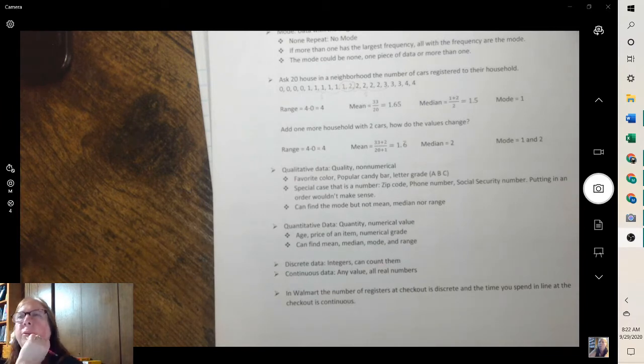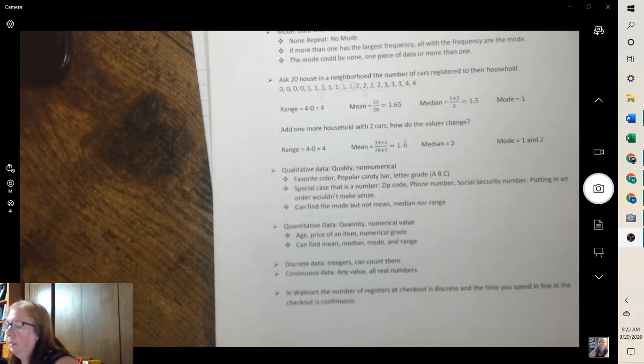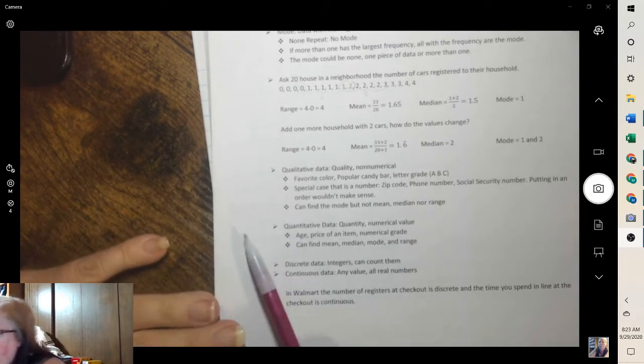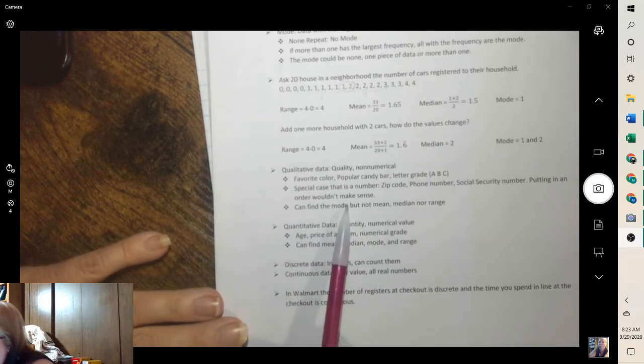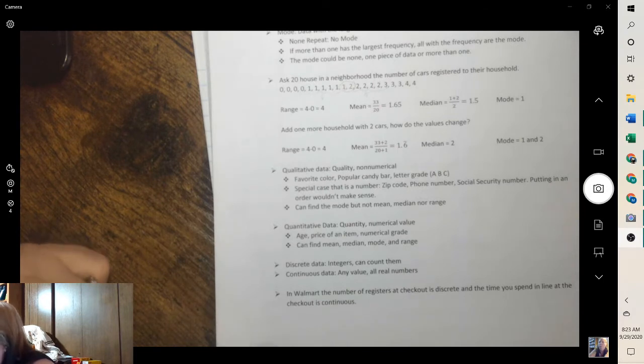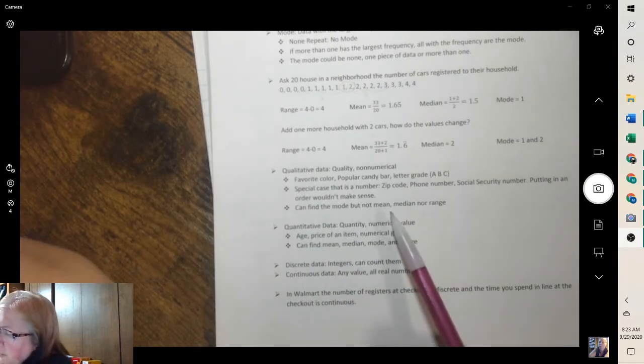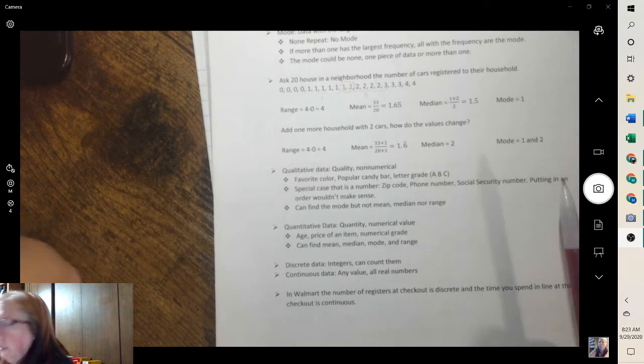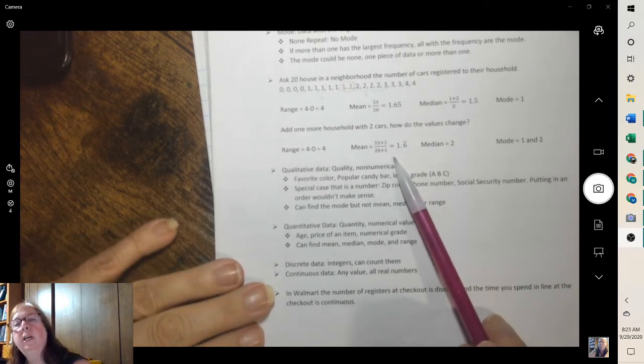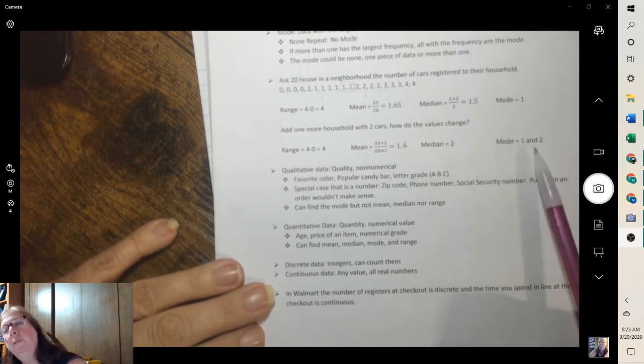Now, phone number does because of area code, but other than that, it really doesn't have much significance. It wouldn't make sense to put it in an order. You can find the mode, the most often, or the most A's, but you cannot find mean, median, or range because you need a numerical value to do that. But you could find the mode.